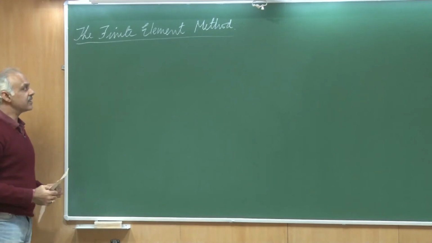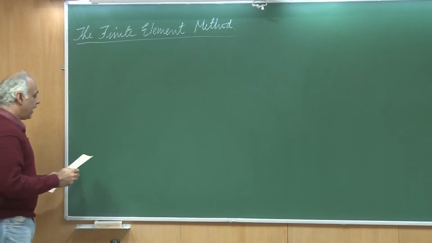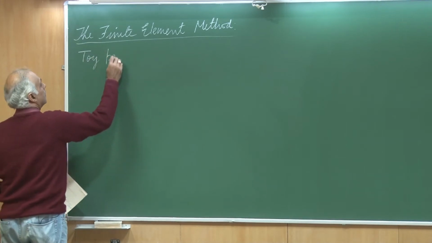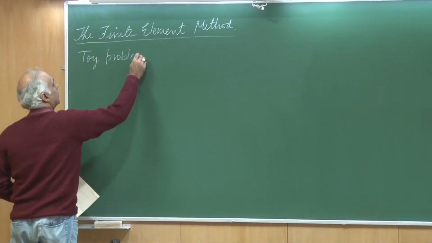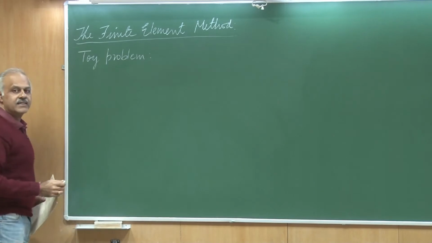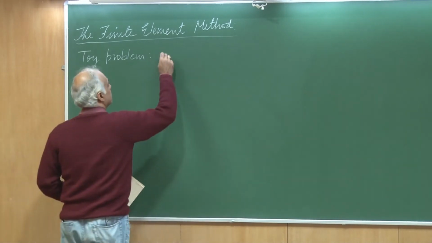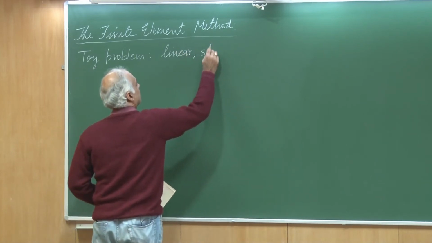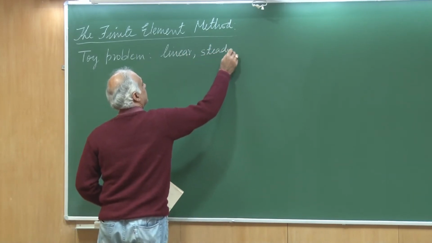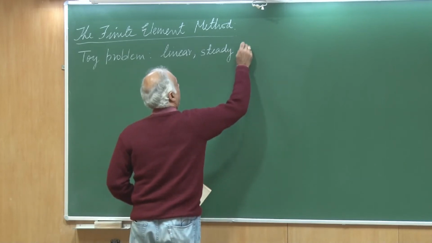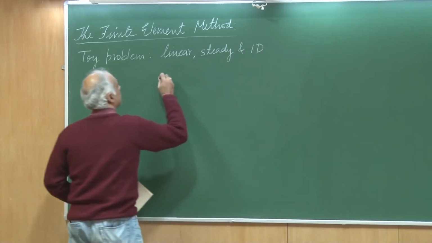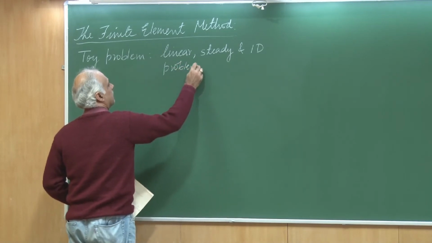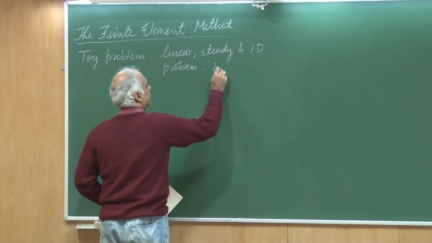So we want to start with the finite element method, and we will look at a toy problem. This is really a very simple problem, which is a linear, steady, and 1D problem, which is a second order ODE.